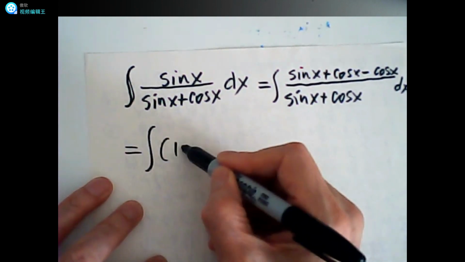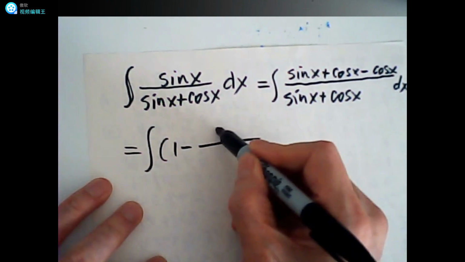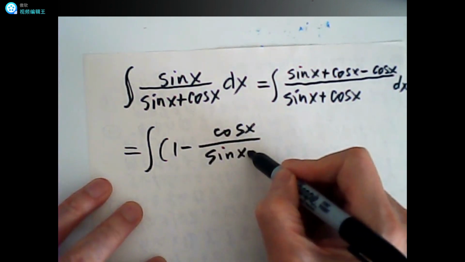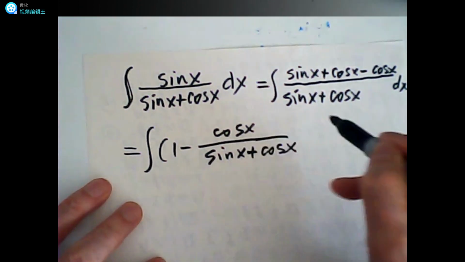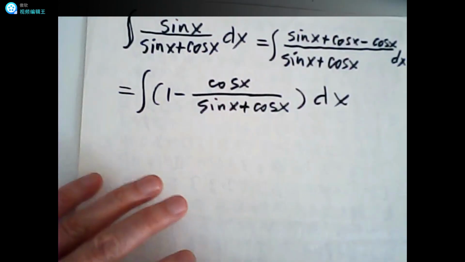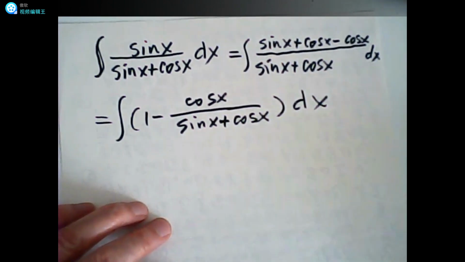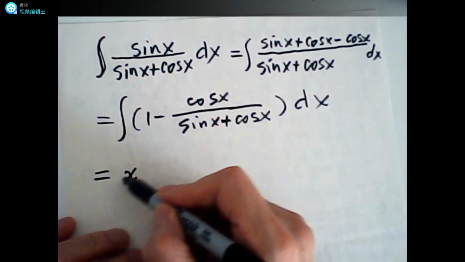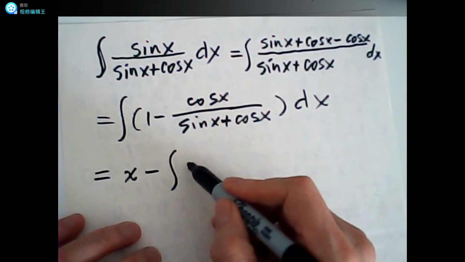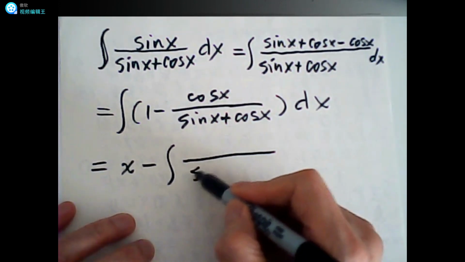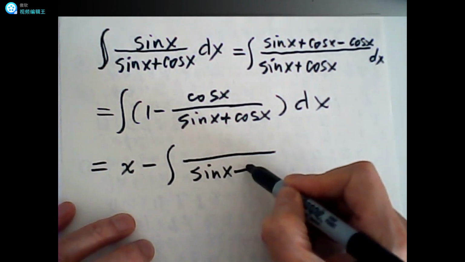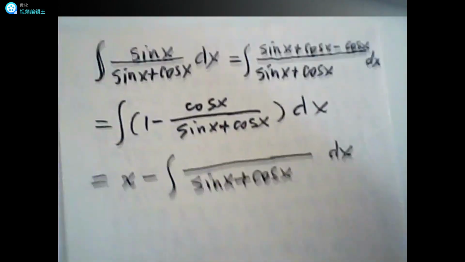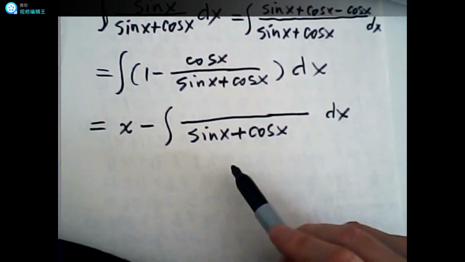Okay, then this becomes integral of 1 minus cosine x over sine x plus cosine x dx. All right, then this integral is x minus integral of sine x plus cosine x. Now, look at the denominator.